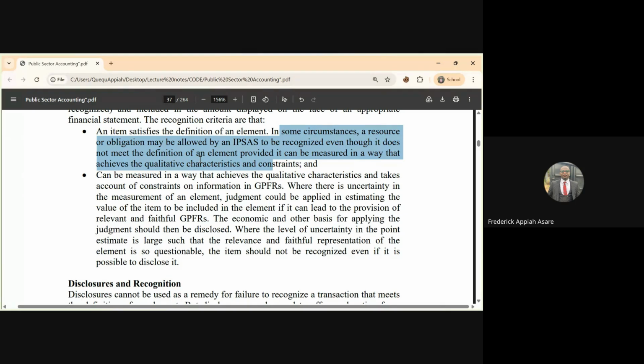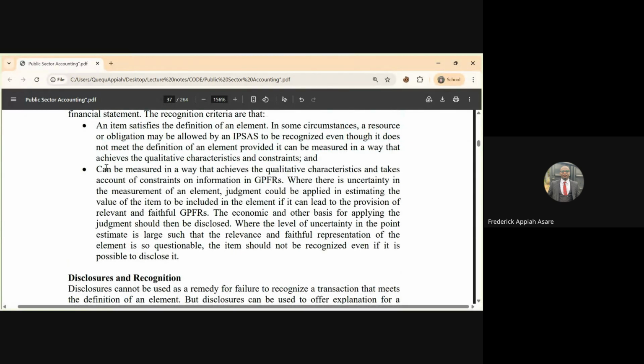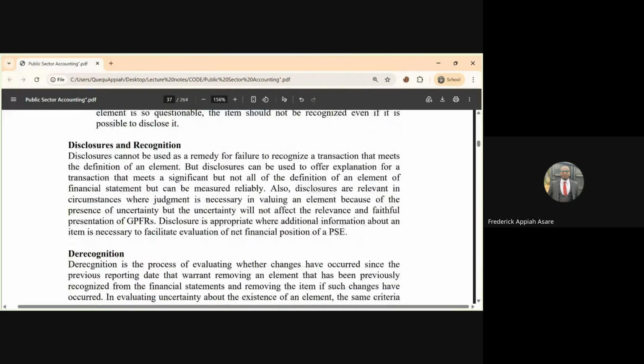But if it doesn't, sometimes the IPSAS, that is a standard, also allow us to recognize it or to disclose it if it can be measured in a way that achieves the qualitative characteristics and takes account of the constraints and the information of the GPFRS, that is the materiality and the cost benefit analysis.